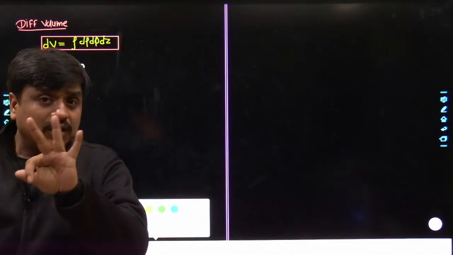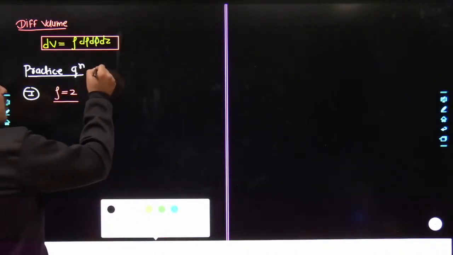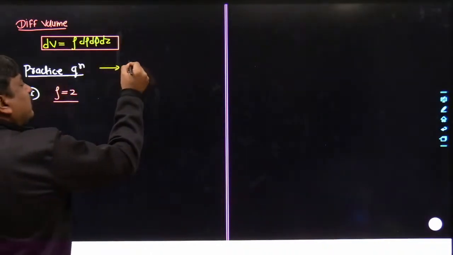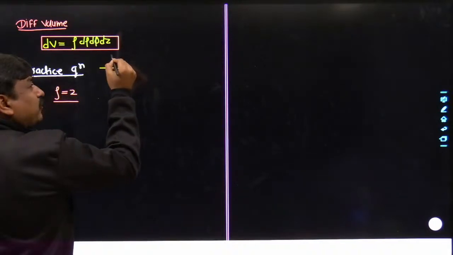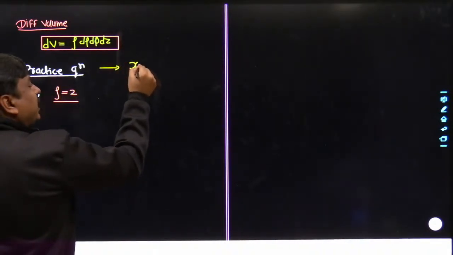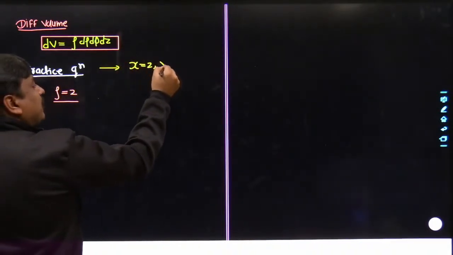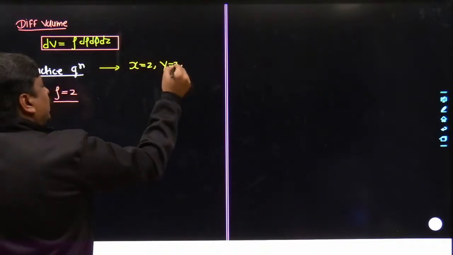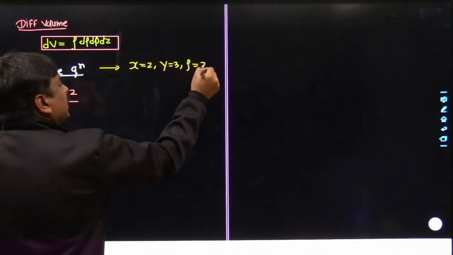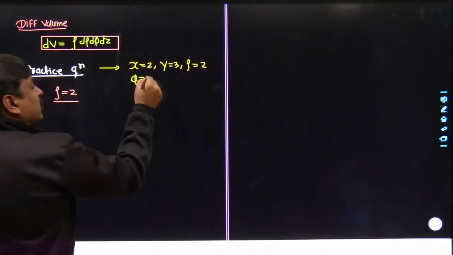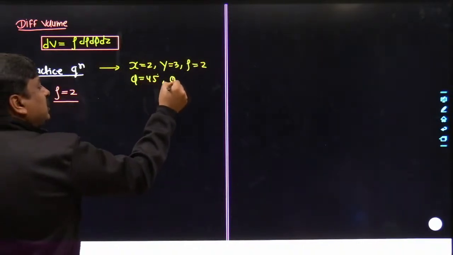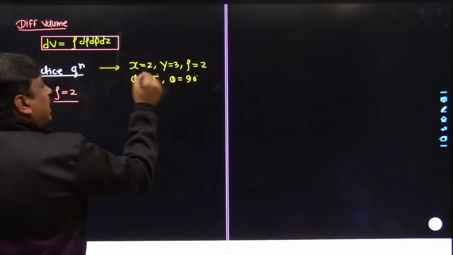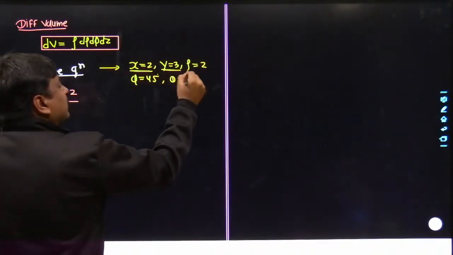Three numbers. Out of three numbers, if only one number gets fixed, it could be x equal to 2, y equal to 3, rho equal to 2, phi equal to 45 degrees, or theta equal to 90 degrees. I am taking them all as separate questions.